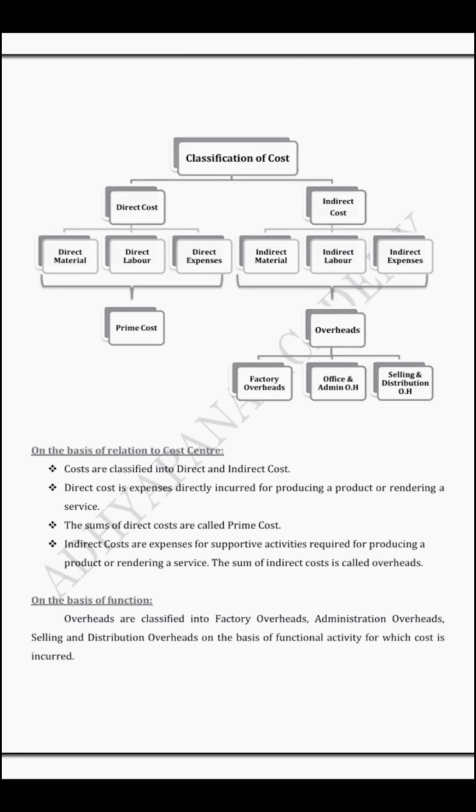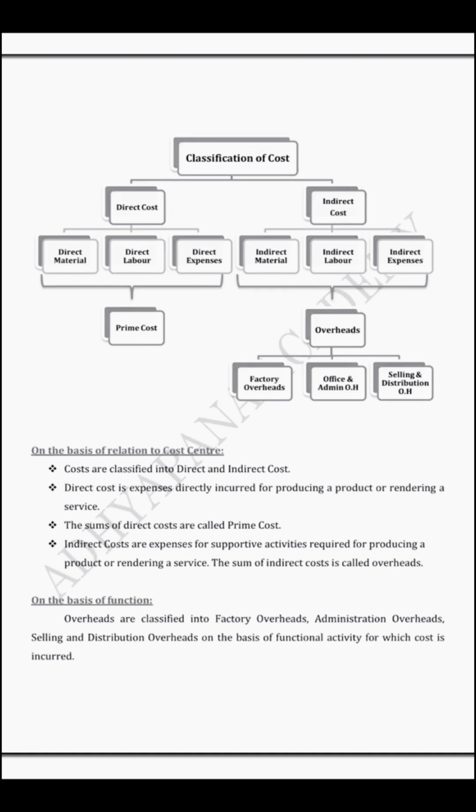You can have office stationery, stamp papers, software appliances, and order requisition forms, which are all handled in the office. All that comes under office and administration overheads. Then you will take steps to market your product. You will have advertisements, salesmen, door-to-door delivery, and after-sale services. All this comes into selling and distribution overheads.